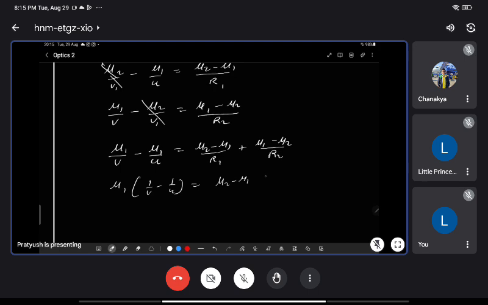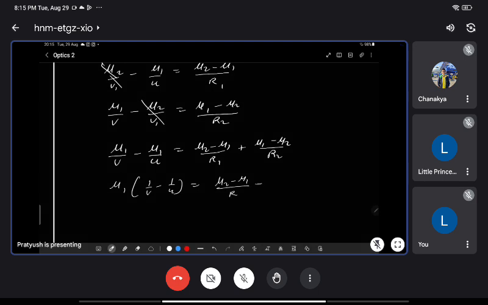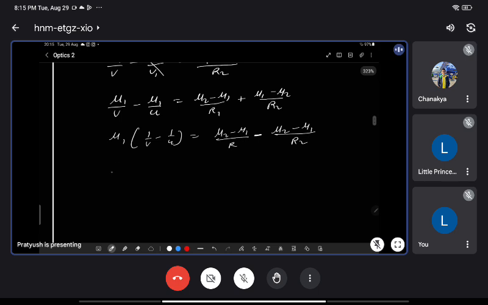We can write the second term as minus, taking the minus sign outside, it will also become mu2 minus mu1, the sign will become opposite, upon R2. Take mu1 common, 1 upon v minus 1 upon u. Take mu2 minus mu1 as common, 1 upon R1 minus 1 upon R2.